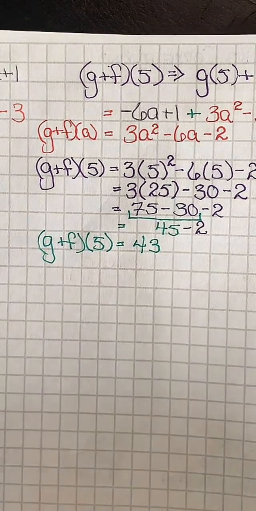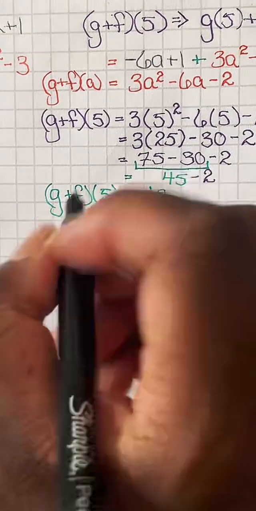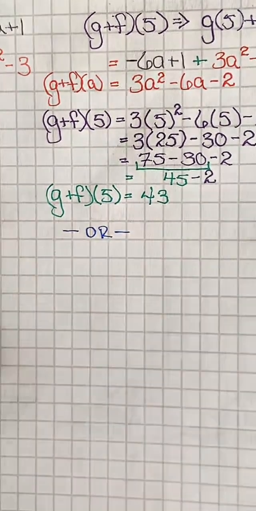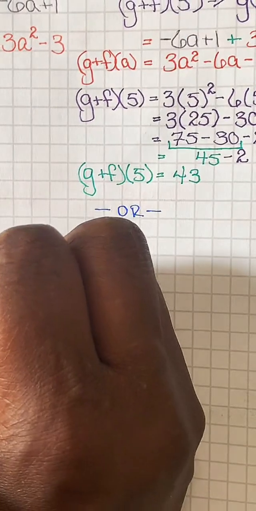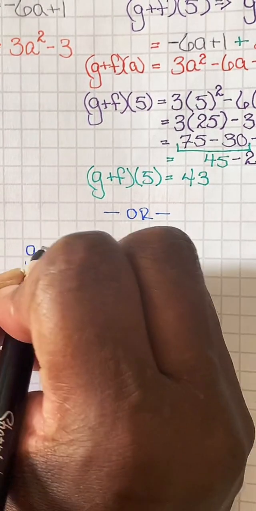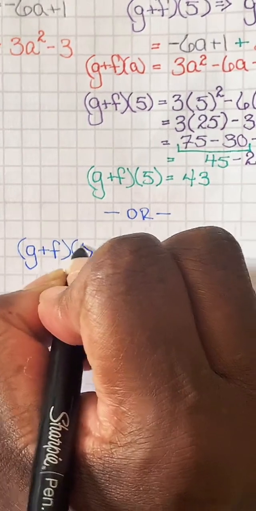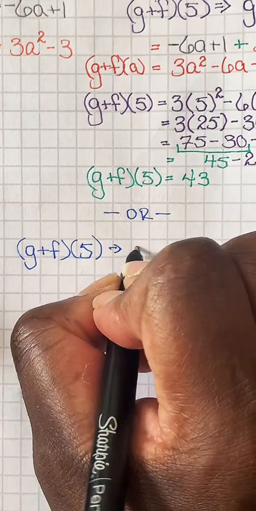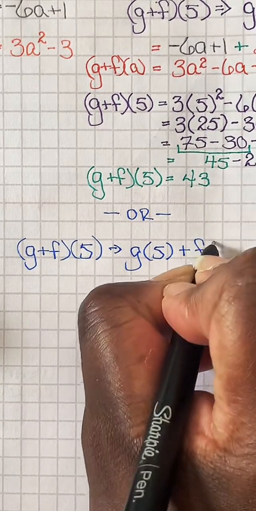If I'm doing the exact same problem, I'm going to write a line with the word or. Exact same problem, so that means we had the G plus the F of 5, and we all know that it's going to be the G of 5 plus the F of 5.